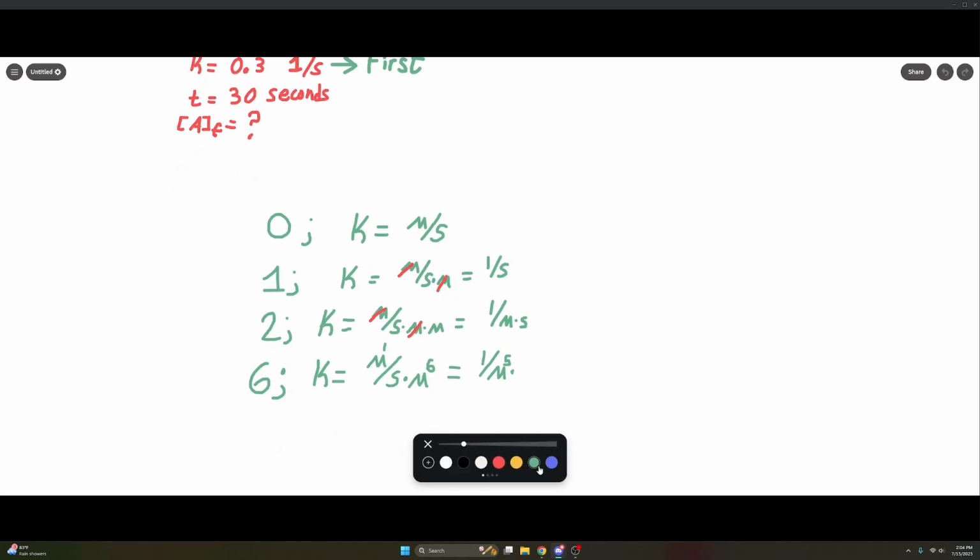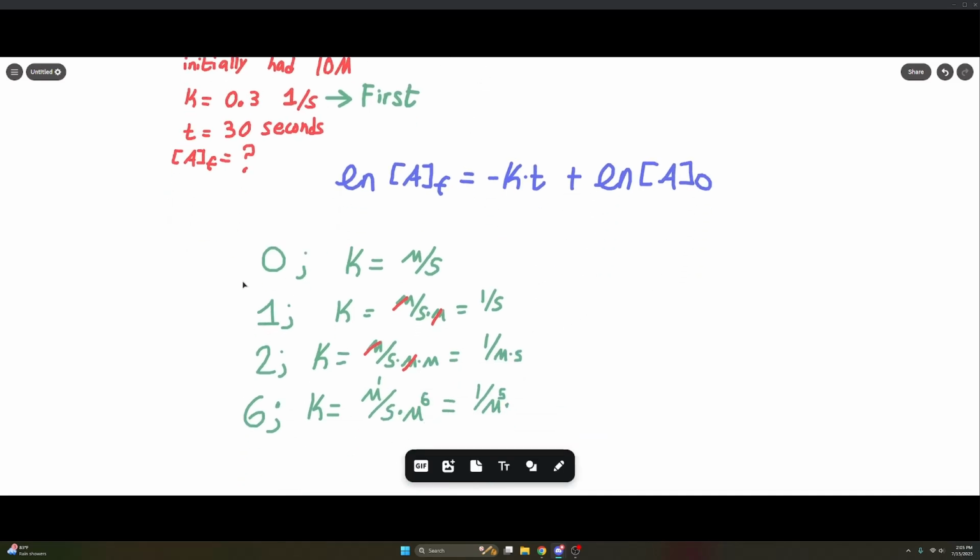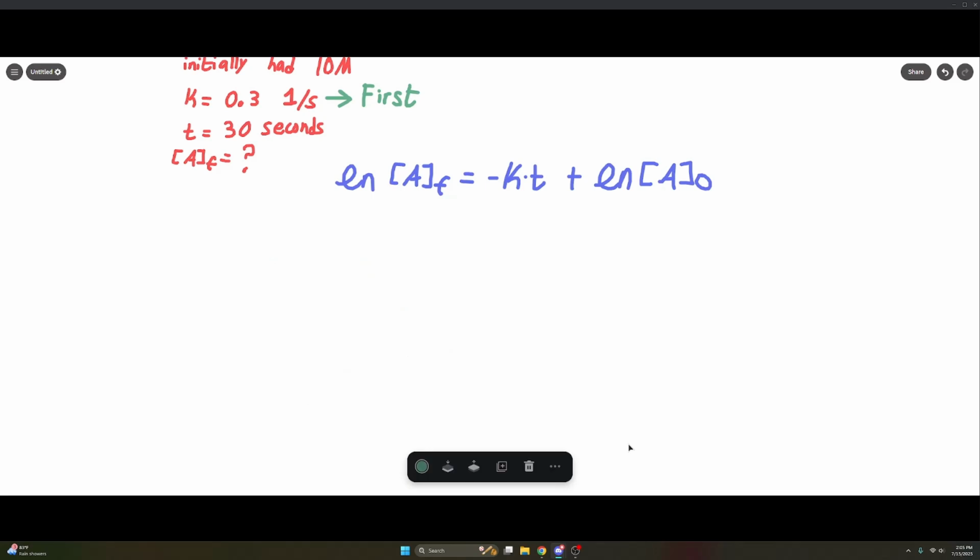So we are going to use that rate law we just got, which was the natural log of my final concentration equals negative KT plus the natural log of the initial. And excuse me over here, need the real estate. Let's plug and chug.